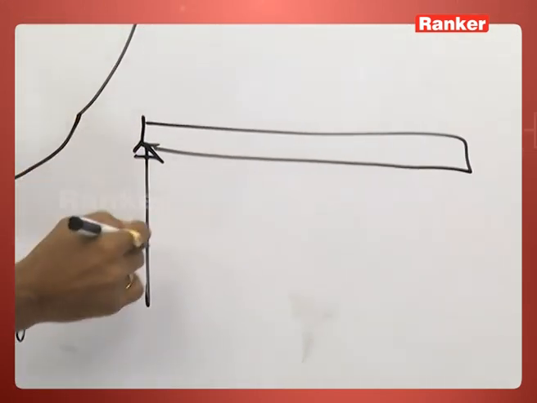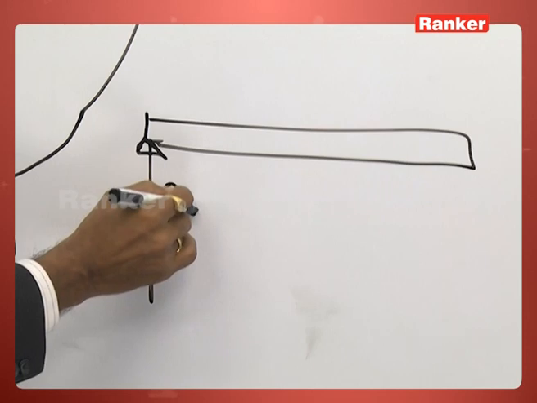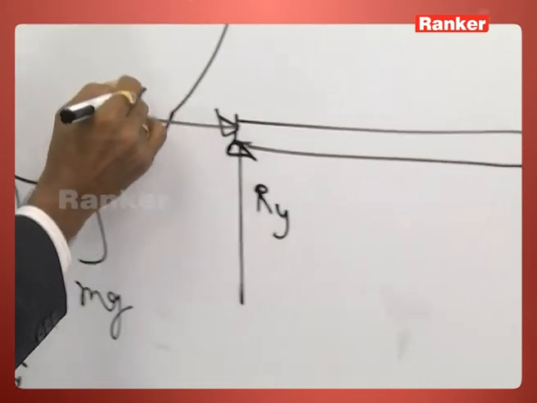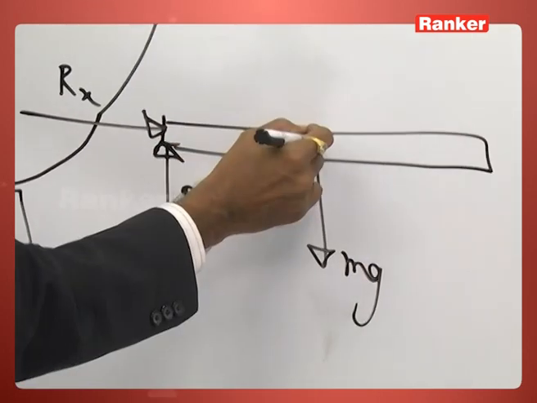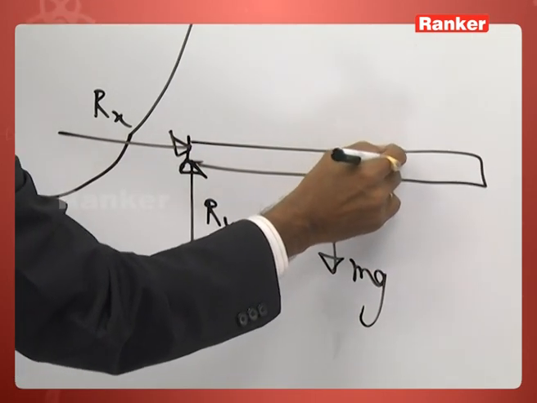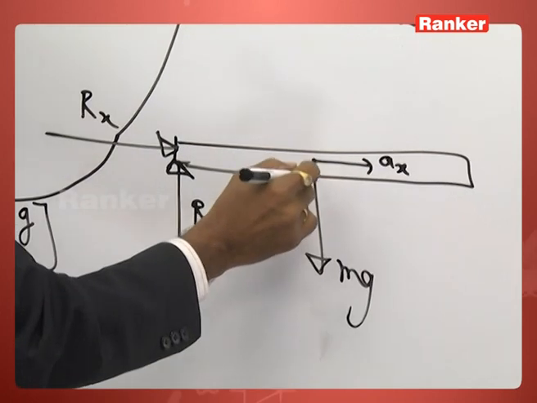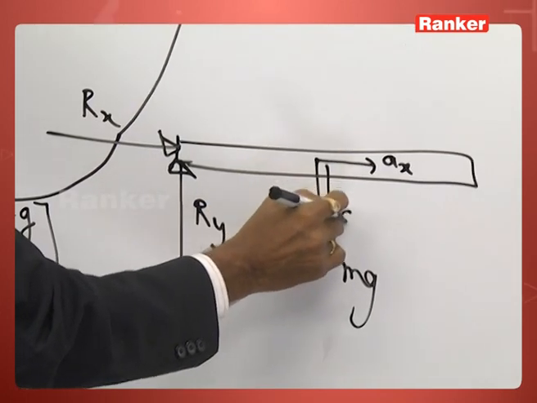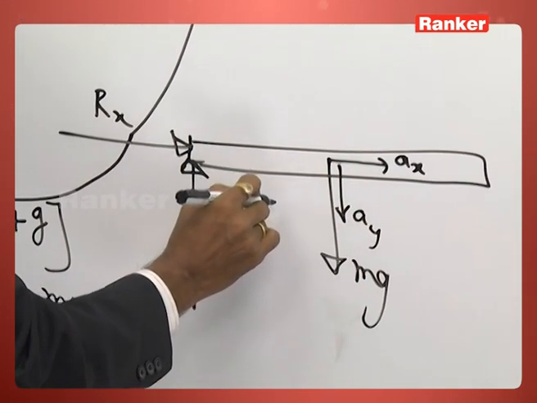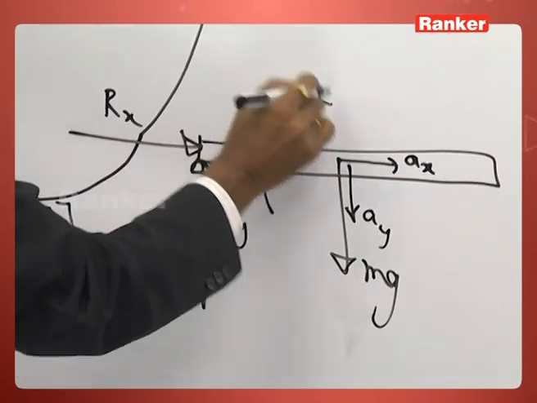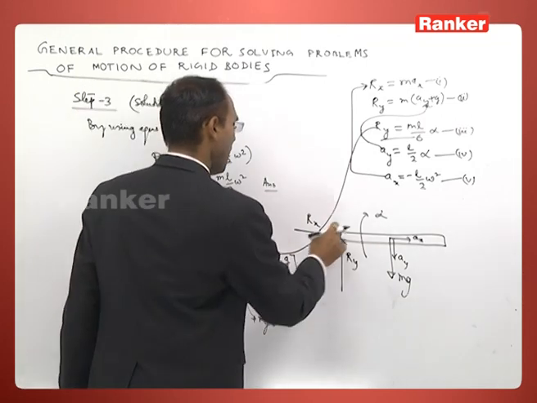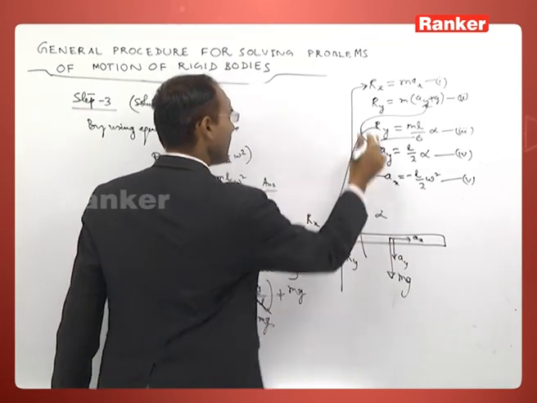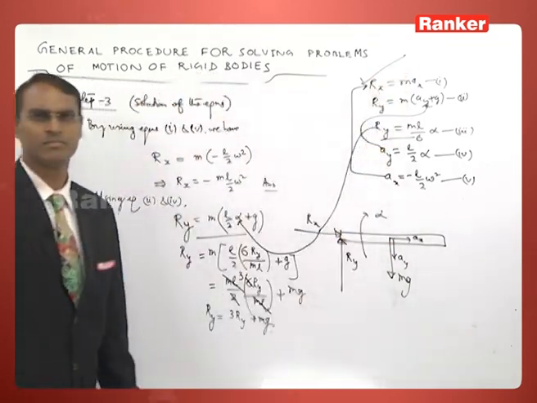If you redraw the FBD, this is Ry, this is Rx, this is mg, this is x, this is ay, and this is alpha. Rx is equal to m into x, same direction, absolutely correct.